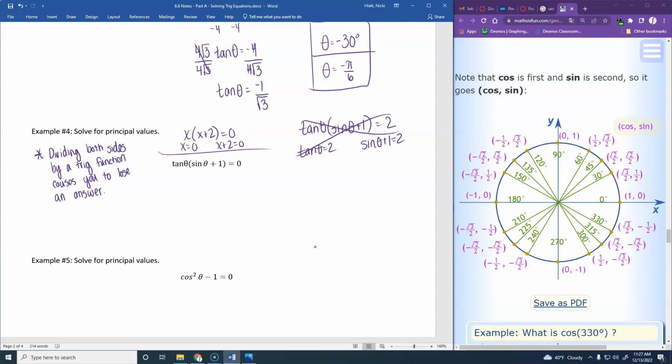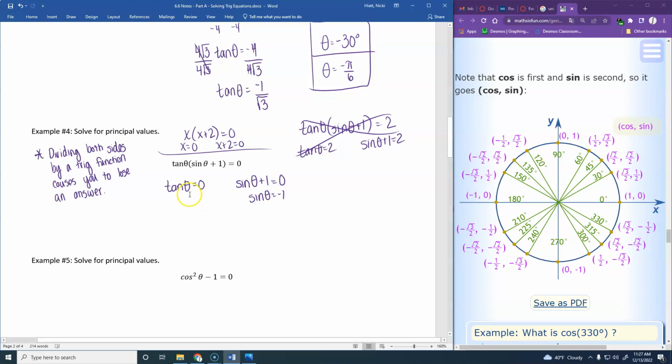So this is factored. We can just take tangent of theta and set it equal to 0, and sine of theta plus 1 and set it equal to 0. So if we move this 1 over to the other side, that gives us sine of theta equals negative 1 here. So we actually end up with 2 answers here because it's almost like we've got 2 equations that we're solving once we break it up.